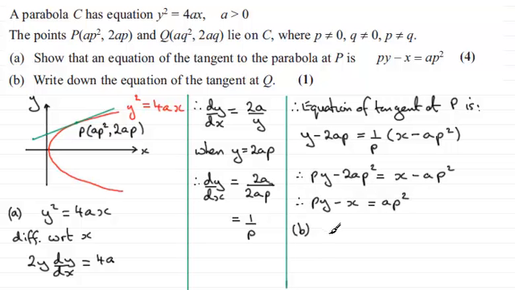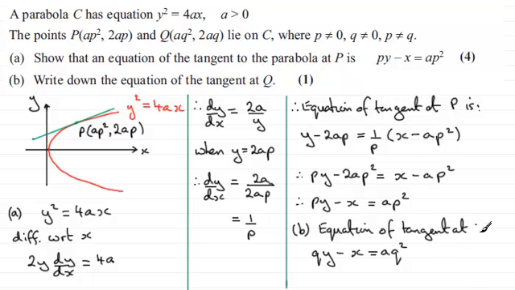So that equation is going to be qy minus x equals aq squared. I'm just going to write an intro in here, the equation of the tangent at Q is, but nice easy question there. Obviously that's the reason why it just said write down for 1 mark.